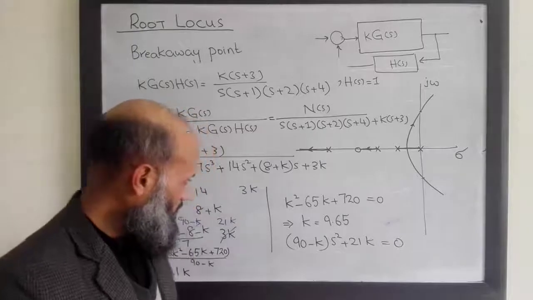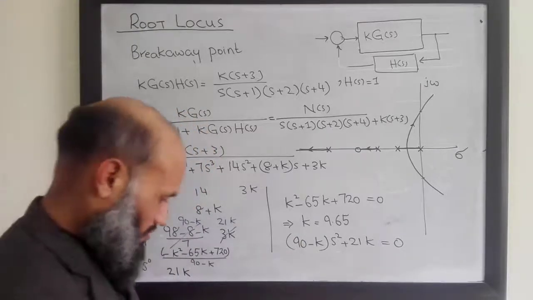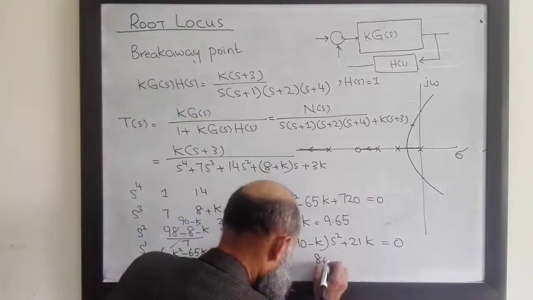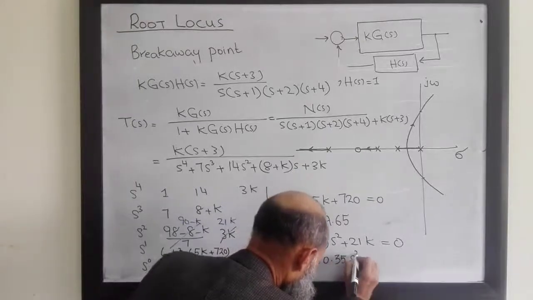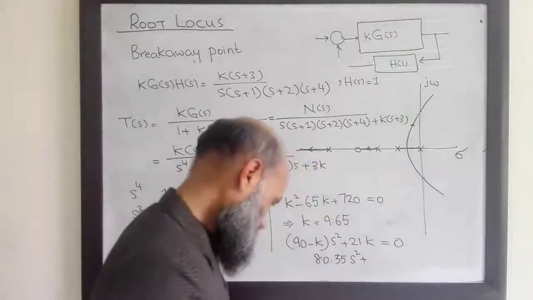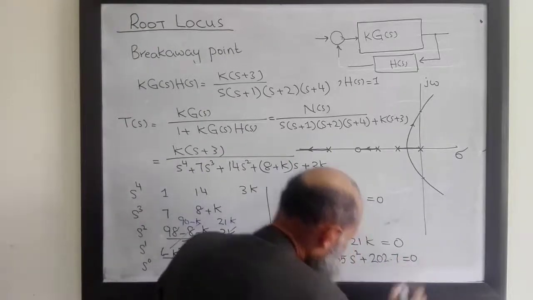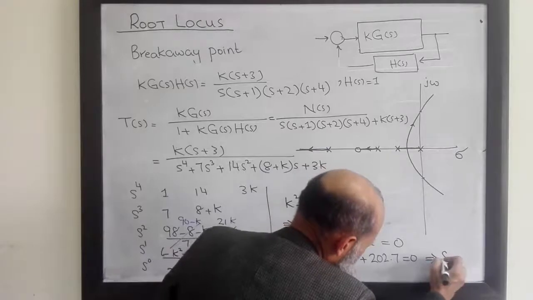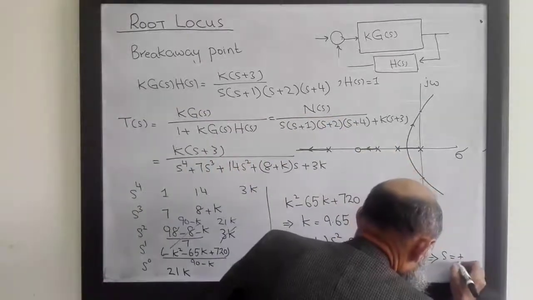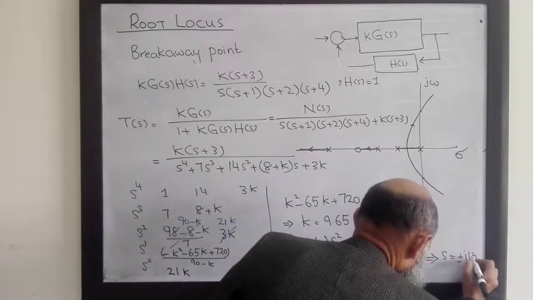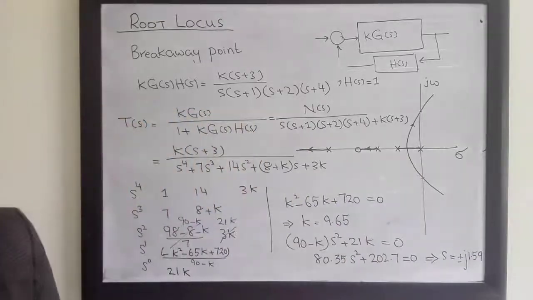So after substituting the numerical value of k, we have 80.35 s squared plus 202.7, which is equal to 0, and that gives s equal to plus minus 0.